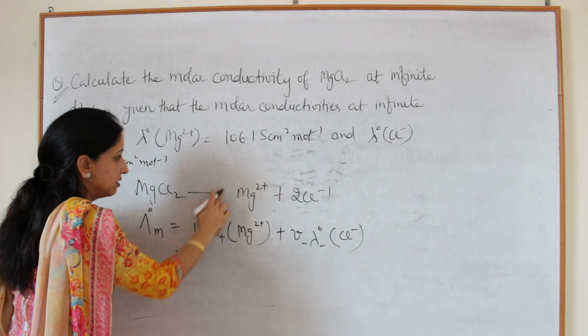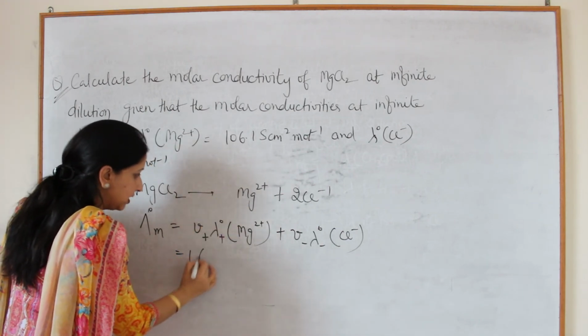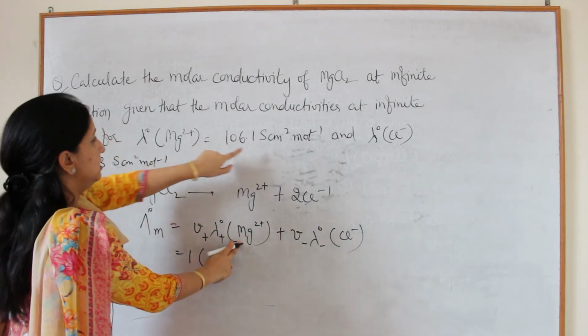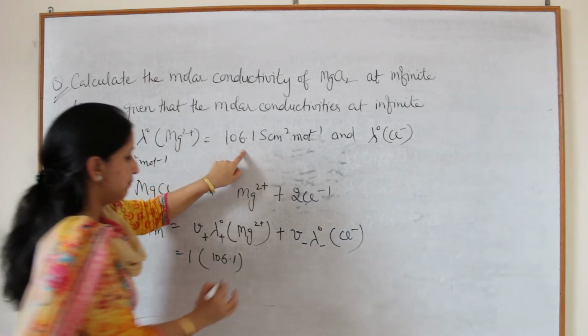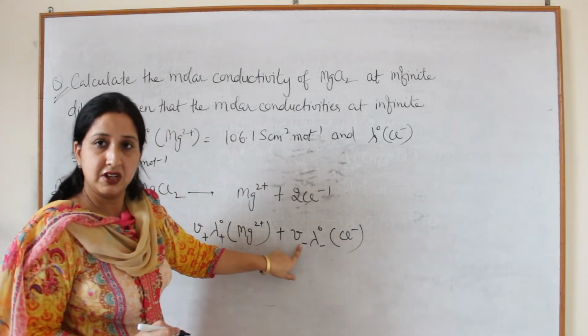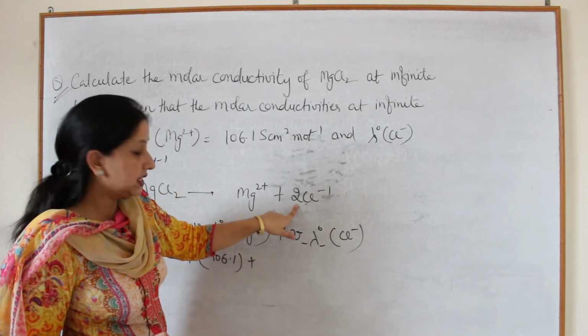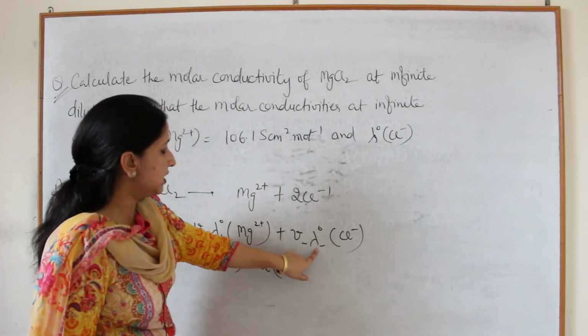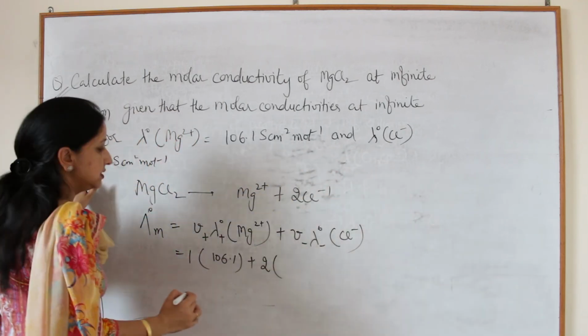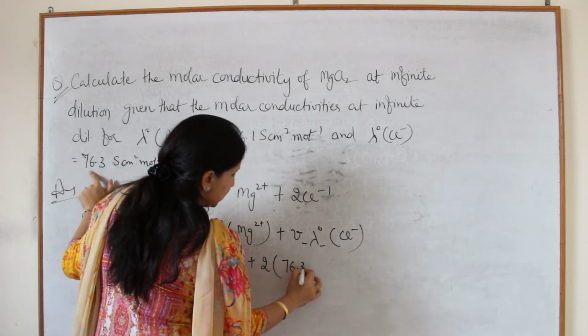For magnesium, the number of cations is 1 and its value is 106.1, plus V negative, the number of anions, which is 2. So 2 into the value of lambda naught for chlorine, which is 76.3.